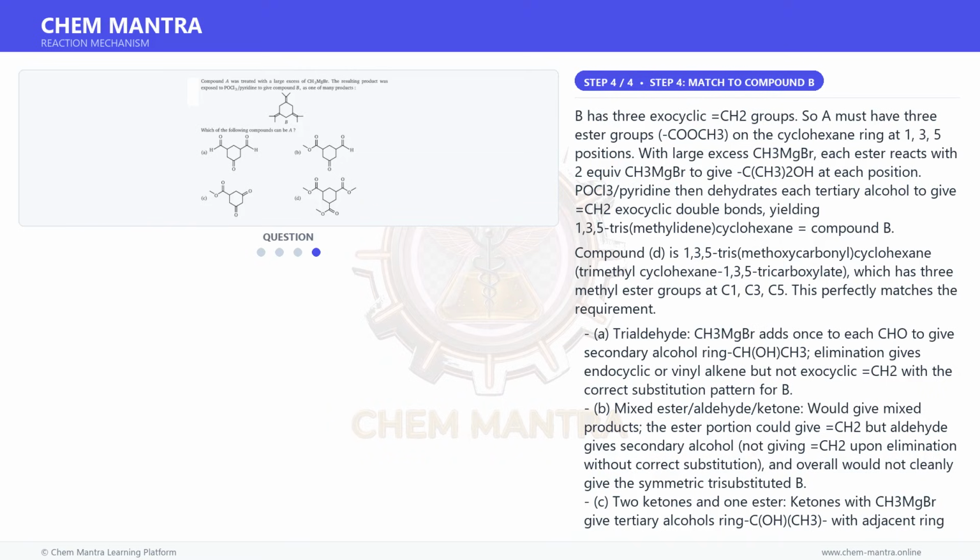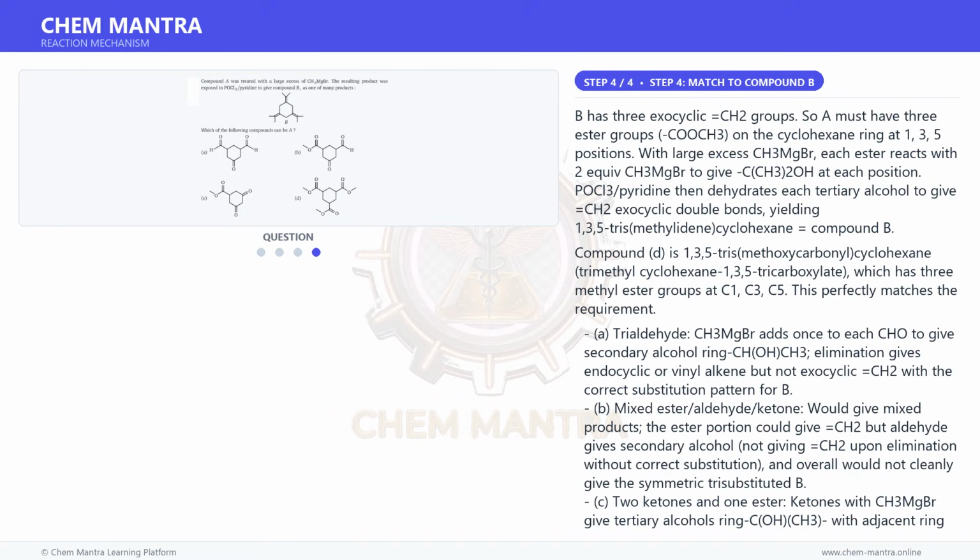So A must have 3 ester groups, CO2CH3, on the cyclohexane ring at the 1, 3, 5 positions. With large excess CH3MgBr, each ester reacts with 2 equivalents of CH3MgBr to give C(CH3)2OH at each position.